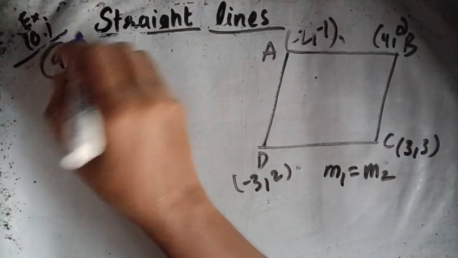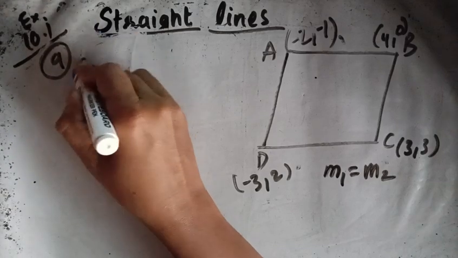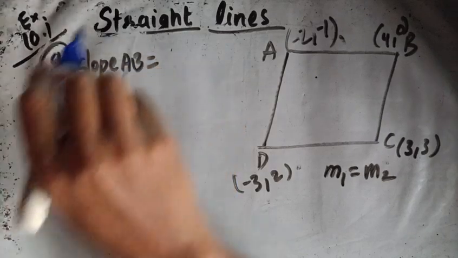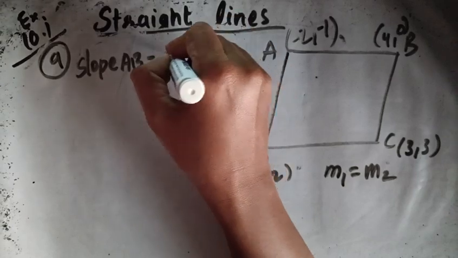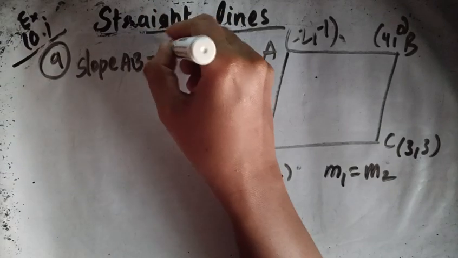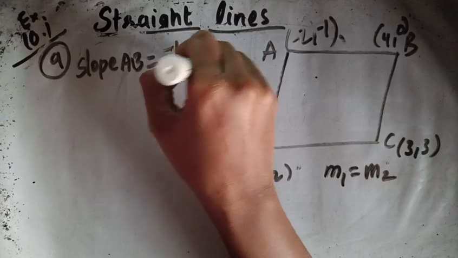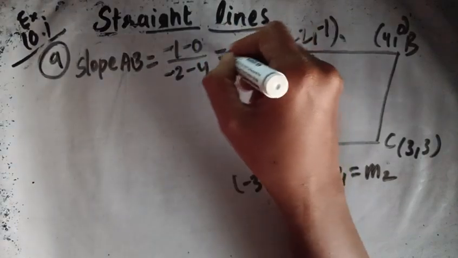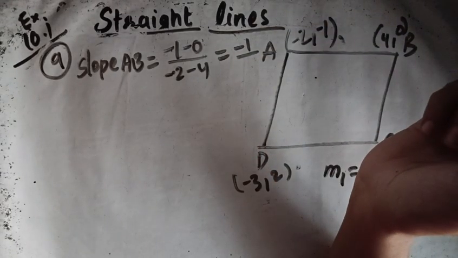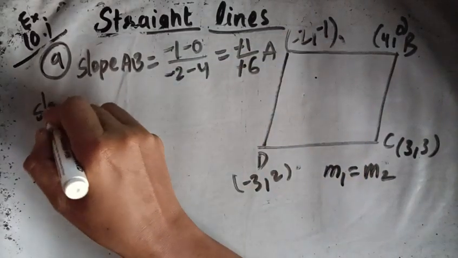Okay. So slope of AB, this is y2: minus 1 minus 0 upon minus 2 minus 4, 1 by 6.